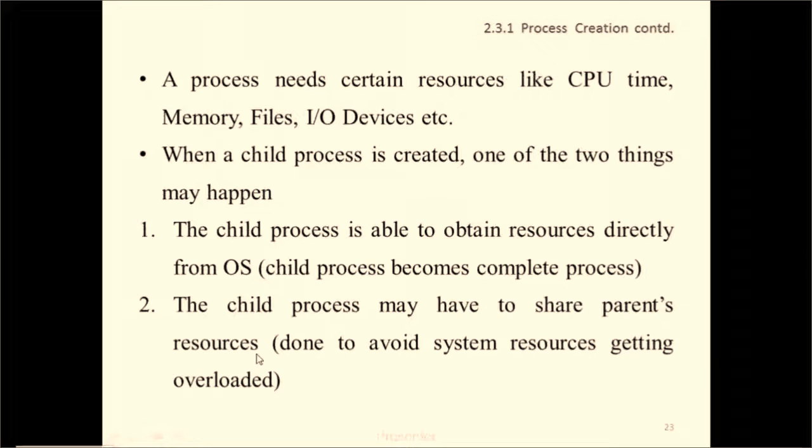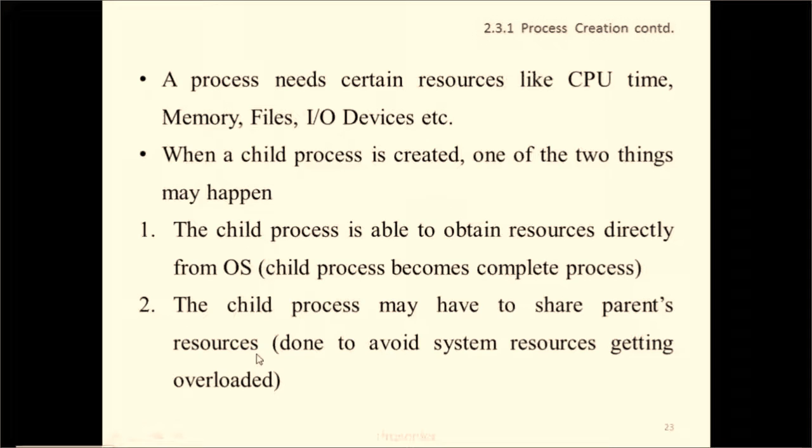The child remains a child of the parent, and whatever the parent has, all those resources only are available to the child process. The child is restricted to sharing the parent's resources, not given explicitly new additional resources as demanded by it. If it needs more, it has to demand from its parent, and the operating system will allocate those resources to the parent process.